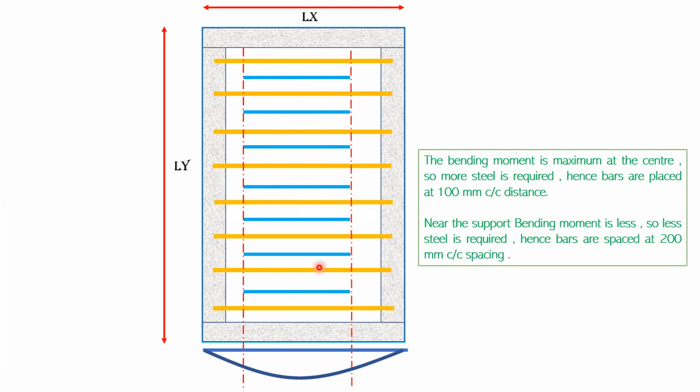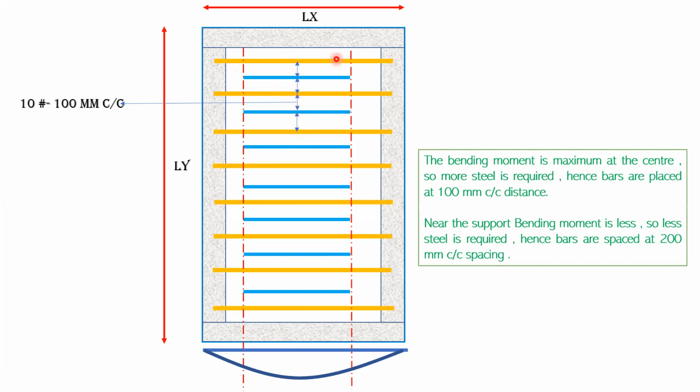So we'll try to understand the logic behind this. You can just concentrate on the support. See this red line and this red line. Inside this, whatever is there, the bending moment is maximum. So this is my center of the span. Let us say the spacing between this orange and the blue bar is 100 mm center to center, and I'm using a 10 diameter bar.